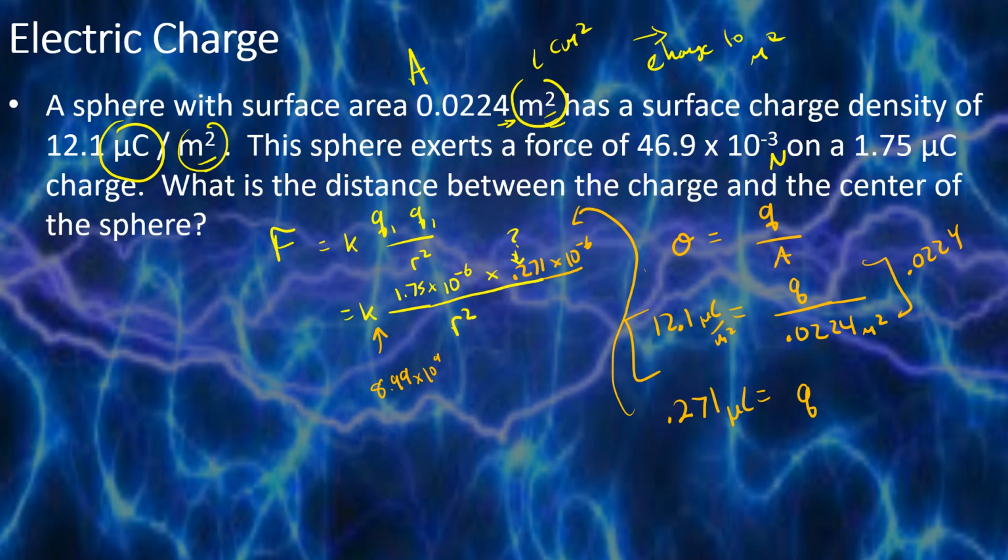And times 0.271 times 10 to the negative 6 all over our R. We don't know our R, do we?